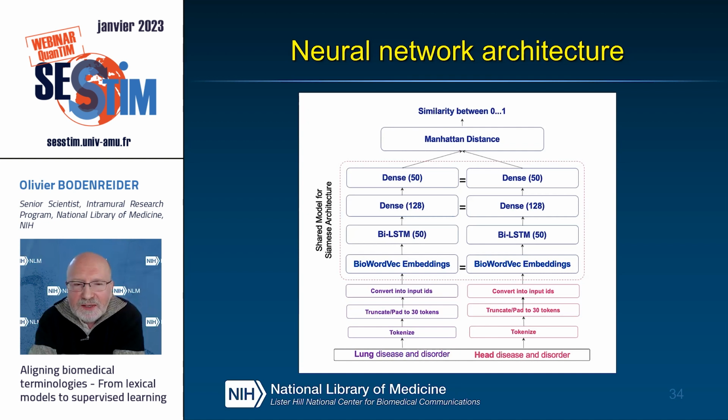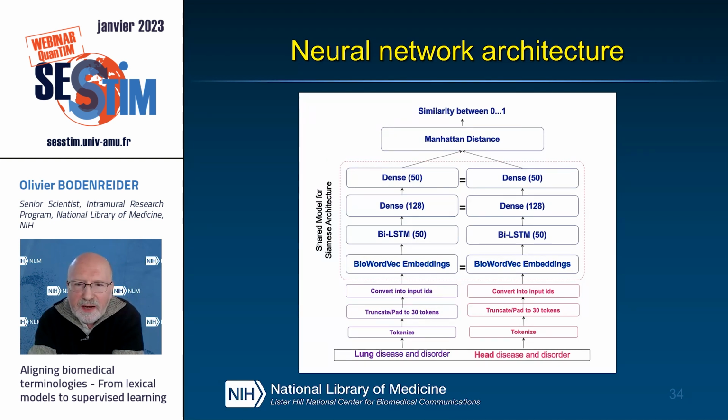But it shows essentially the series of transformations that you have to do. So you take a pair of terms, you tokenize them, you create BioWordVec embeddings for them, and then there's further learning that goes on.